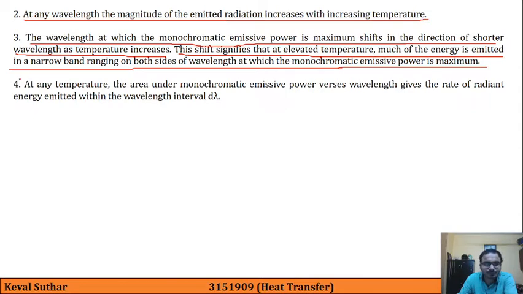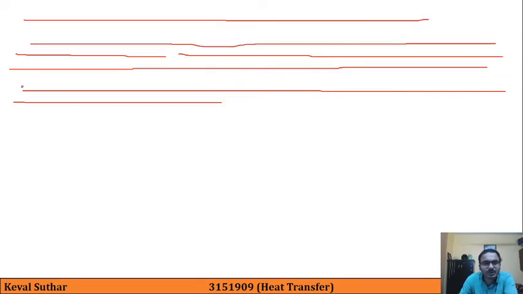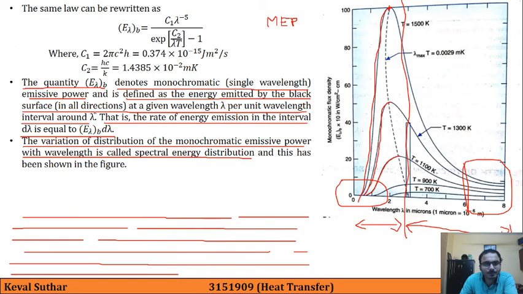Fourth point is, at any temperature, the area under the monochromatic emissive power versus wavelength curve gives the rate of radiant energy emitted within the wavelength interval d lambda. This fourth point is already written over here. The rate of energy emission in interval d lambda is equal to E lambda b into d lambda.